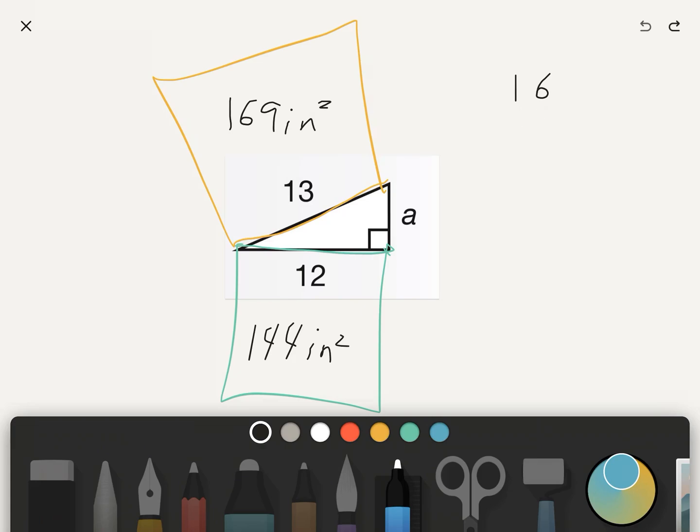Oh, no, actually, we do not add these two up. We will need to make an equation because we need to figure out what this one is.